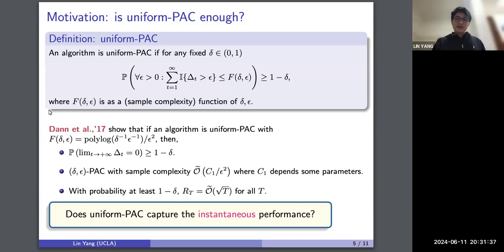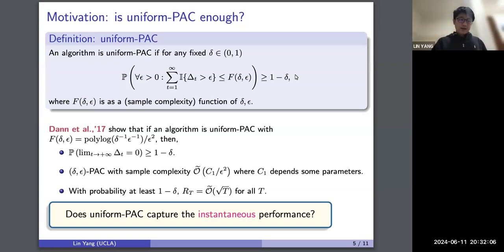Basically, they require that for arbitrary epsilon, with epsilon inside the probability argument, for all possible epsilon, the sum of suboptimal plays is uniformly upper bounded by some function F, which is a function of delta and epsilon. This happens with high probability, and we can ignore the failure probability for now because it only has a logarithmic dependence.